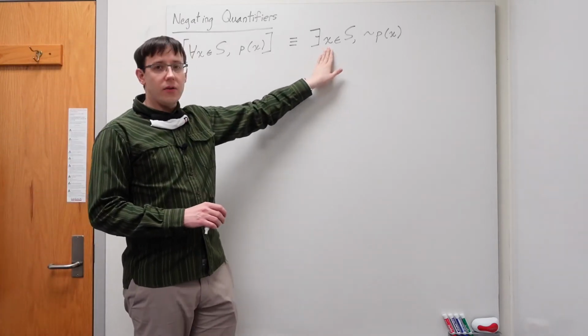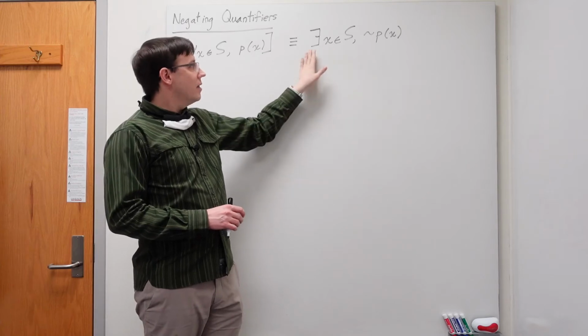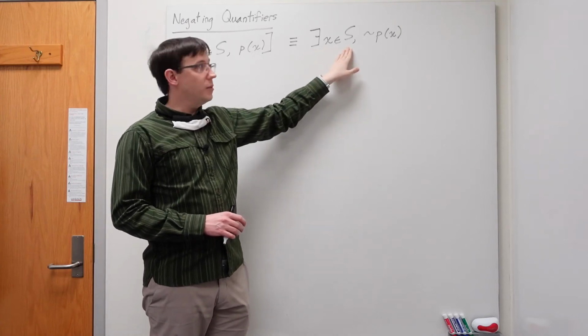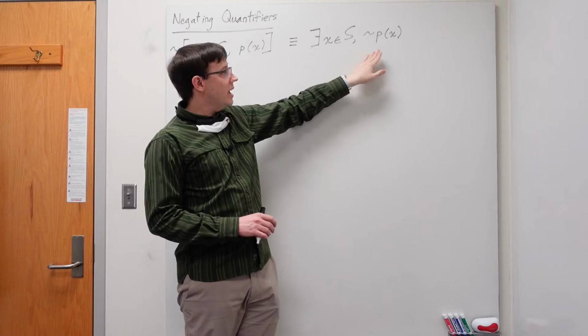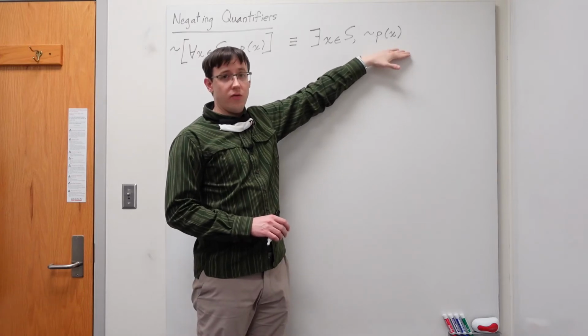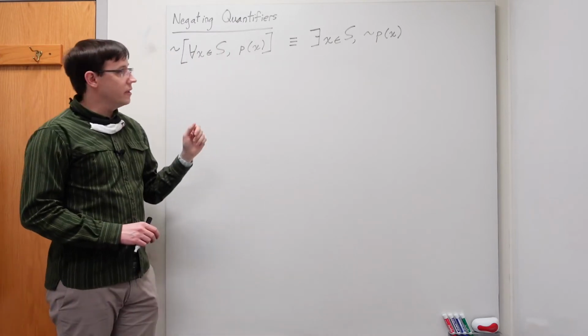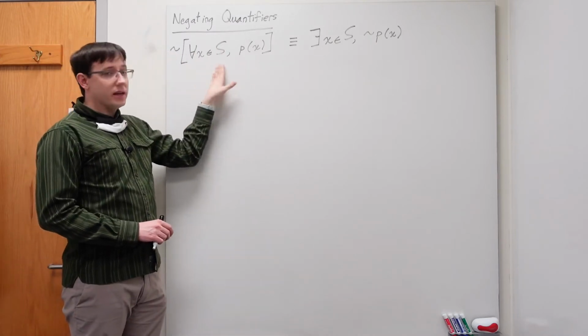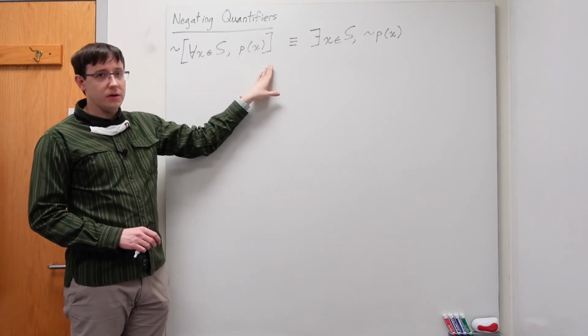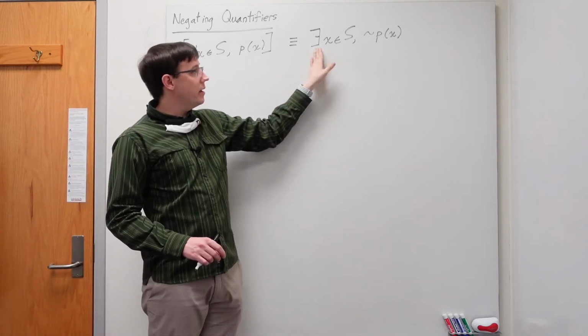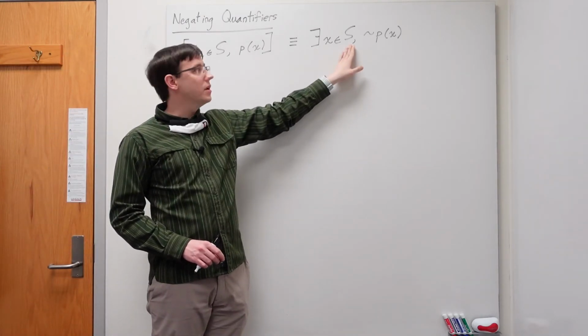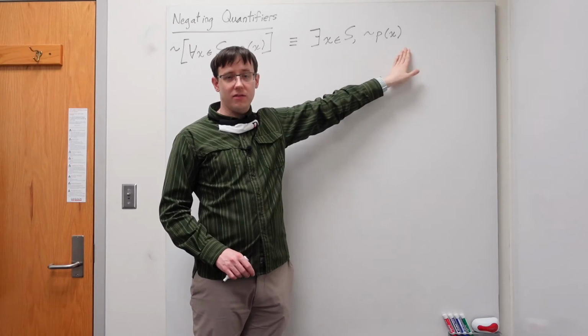And so, on the right-hand side, we have that there is some element of the set such that the negation of the property holds. So, what we're saying here is that if we negate a for all statement, then we get a there exists statement where the property is negated.